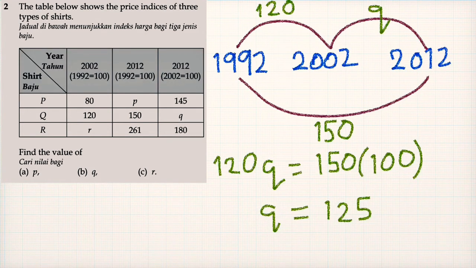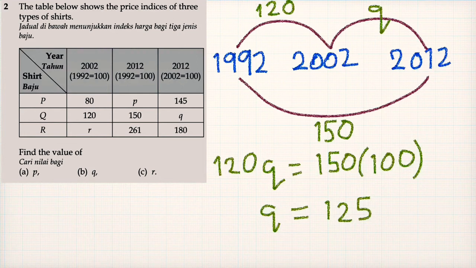Alright, now we're going to find the value of Q. Look at the second row of the table, the Q value. You label all three years, 1992, 2002 and 2012. The first column will be the first line of the leap, which is 120 because it's 2002 based on 1992.